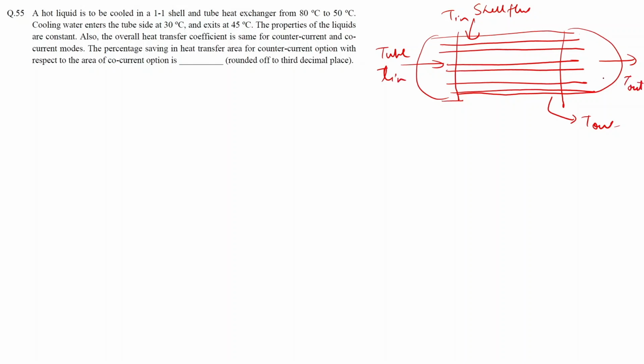In this case, the direction of both the shell side fluid and tube side fluid is the same, so this is my co-current flow. If I introduce the shell side fluid from over here and bring it out from over here, then the flow direction will be opposite, and that will become my counter current flow.